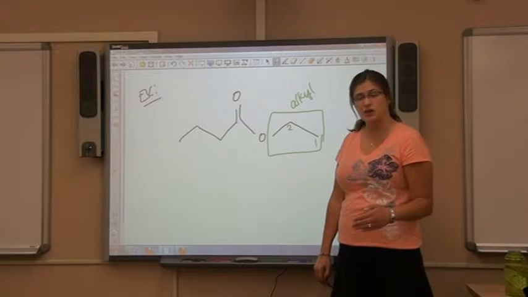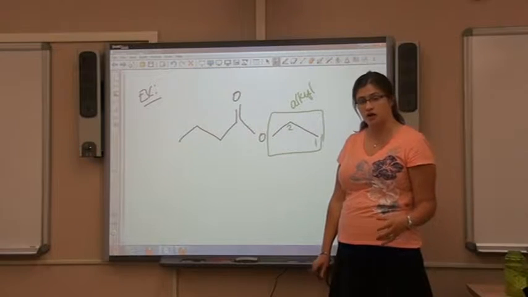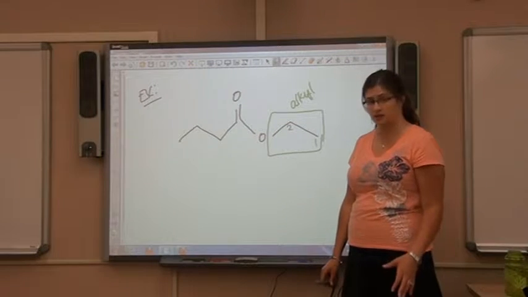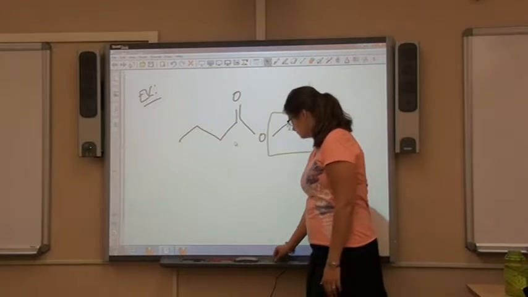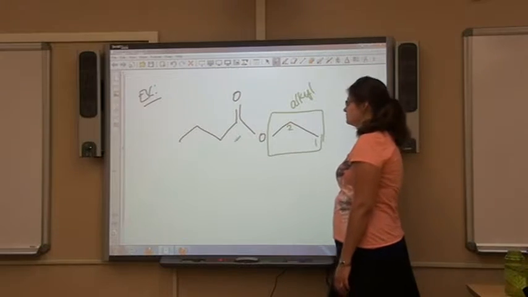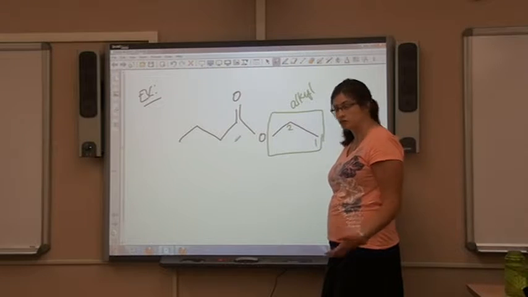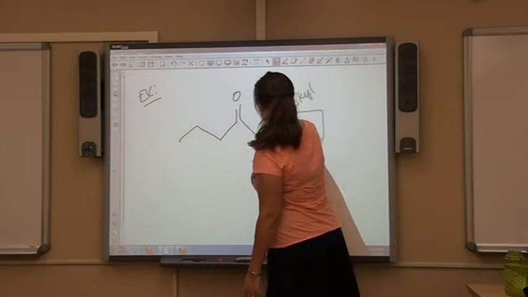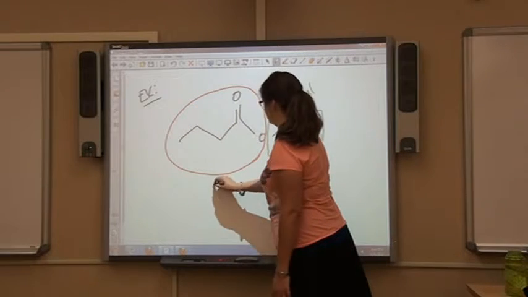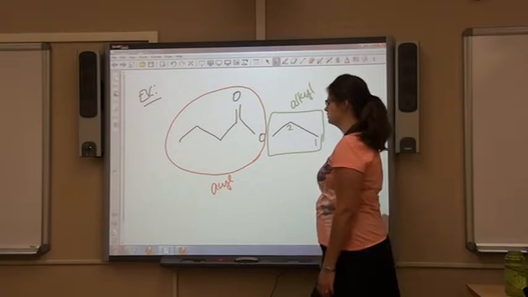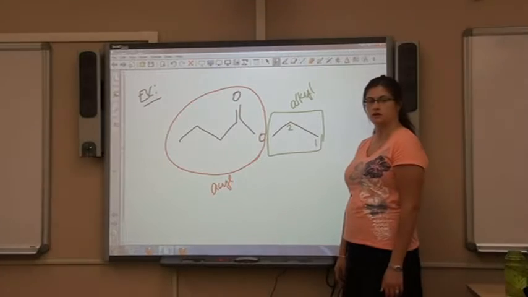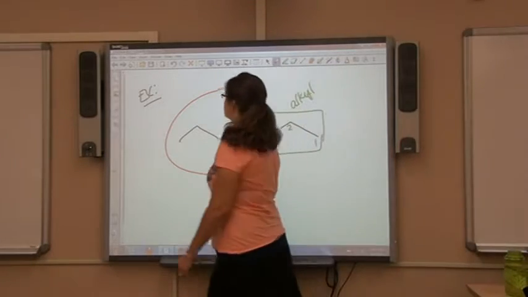So you want to make extra careful that you are not overcounting your carbons anywhere here. And now if we have to find the acyl group, that's everything other than the alkyl group. So that's not super hard. There it is. Let's do some more of these.